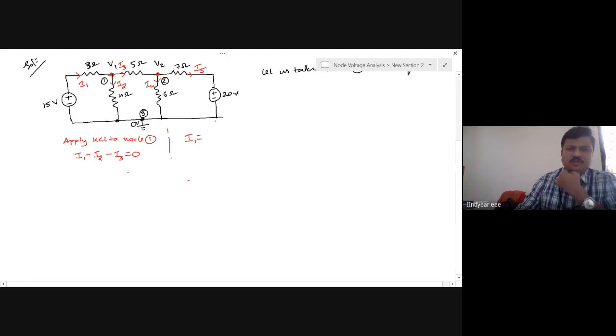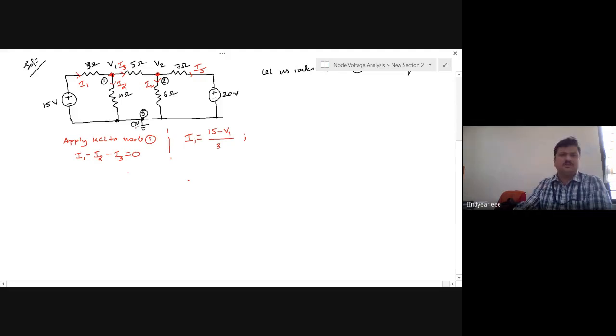So I will write it as 15 minus V1 divided by the branch impedance between 15 volt and V1, which is 3 ohms. I will not write ohms, 15 minus V1 by 3.